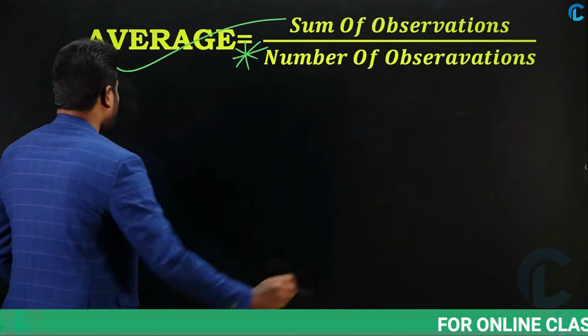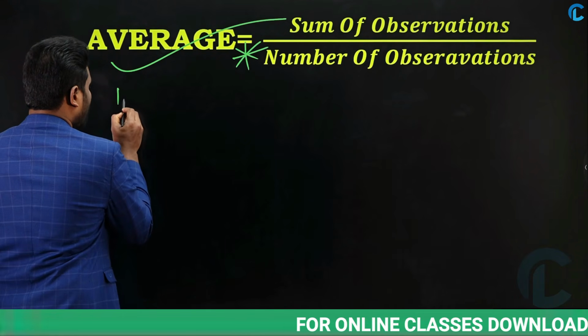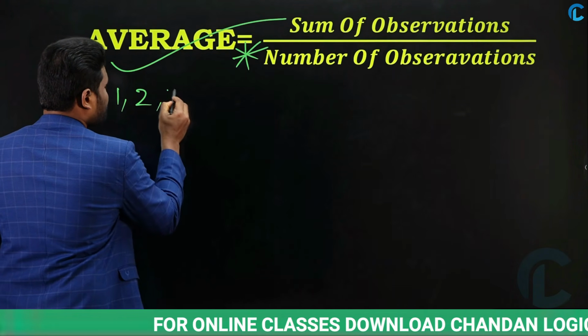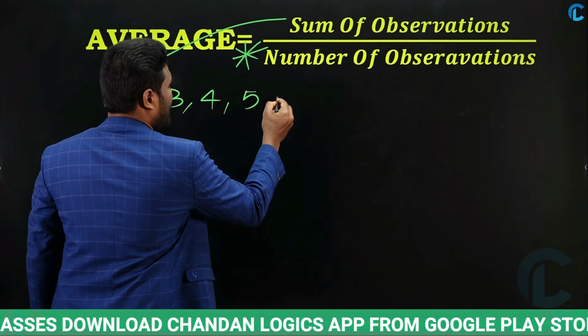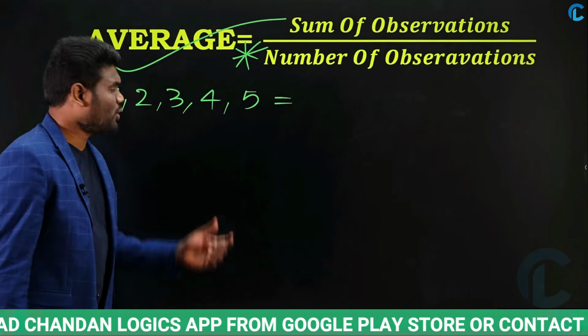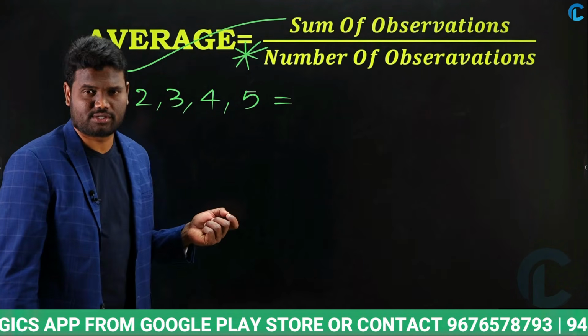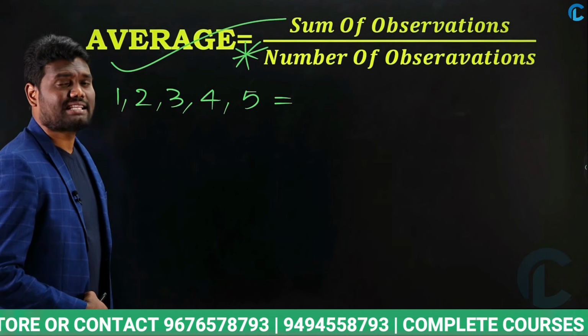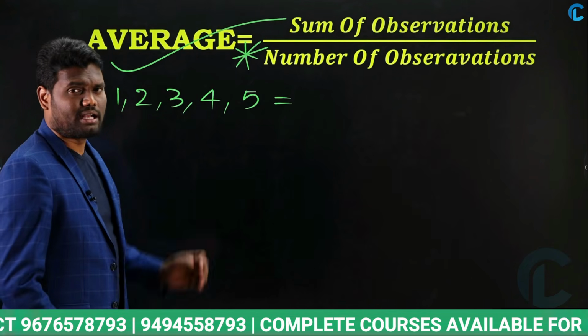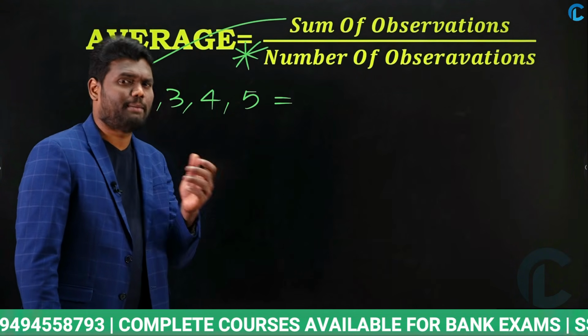Let us say I have the numbers 1, 2, 3, 4, 5. And if I ask you to calculate the average of these numbers, as I have told you, average is nothing but sum of numbers divided by number of numbers.